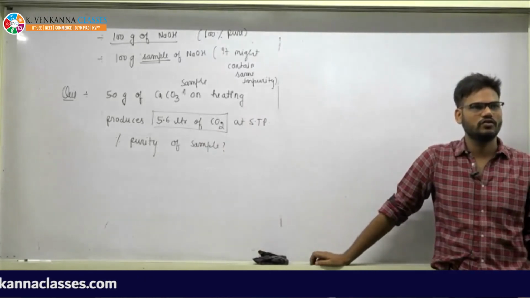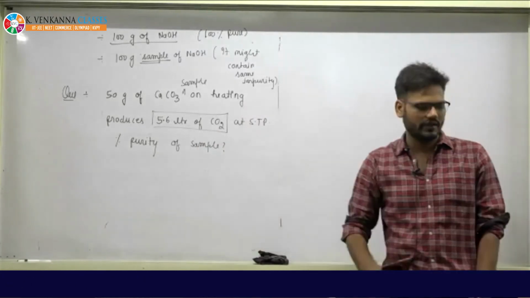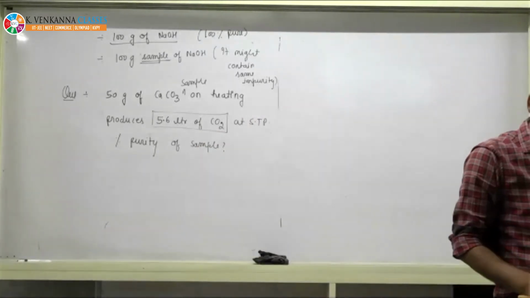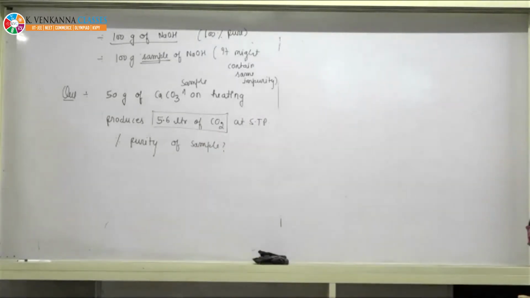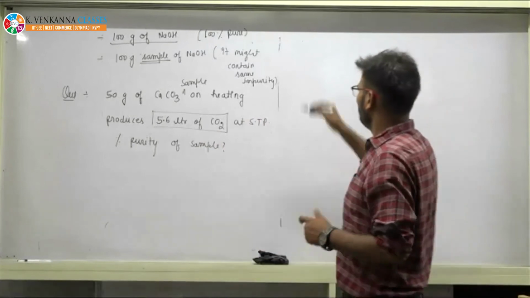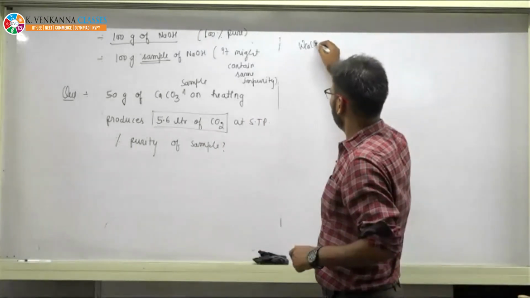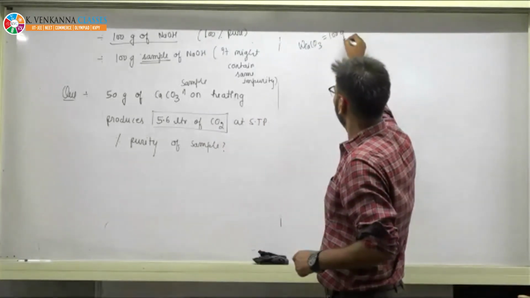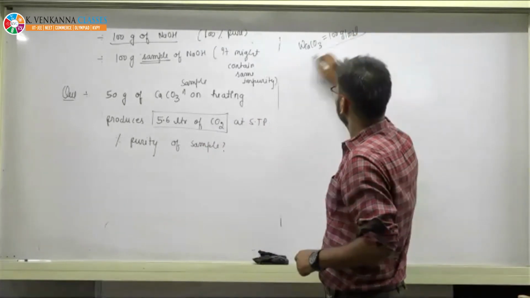Okay, give me the solution. It's very trivial, beta. Till now you have remembered that the molar mass of calcium carbonate is 100 gram per mole, right?